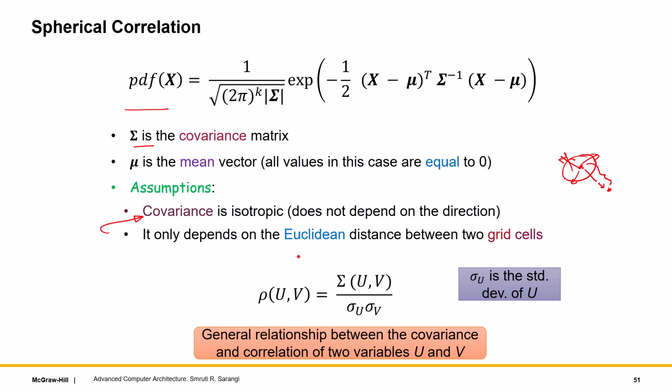That's it. So rho uv is defined as the correlation, the classic Pearson's correlation, which is essentially the covariance of two random variables divided by the product of their standard deviations, sigma u and sigma v, where the standard deviation is the square root of the variance.